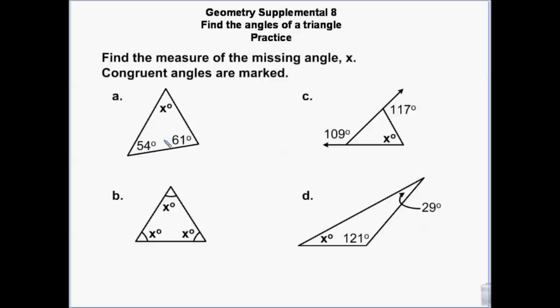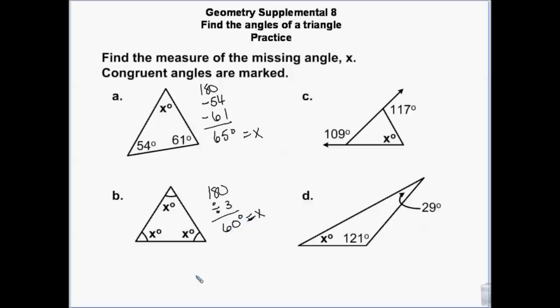I have 54, 61, and x. So to find x, I take away the 54 and the 61. So 180 minus 54 minus 61 leaves me with 65 degrees. Not too bad. B, I have three angles that are the same. The whole thing is 180. I divide it by 3. They're each 60.